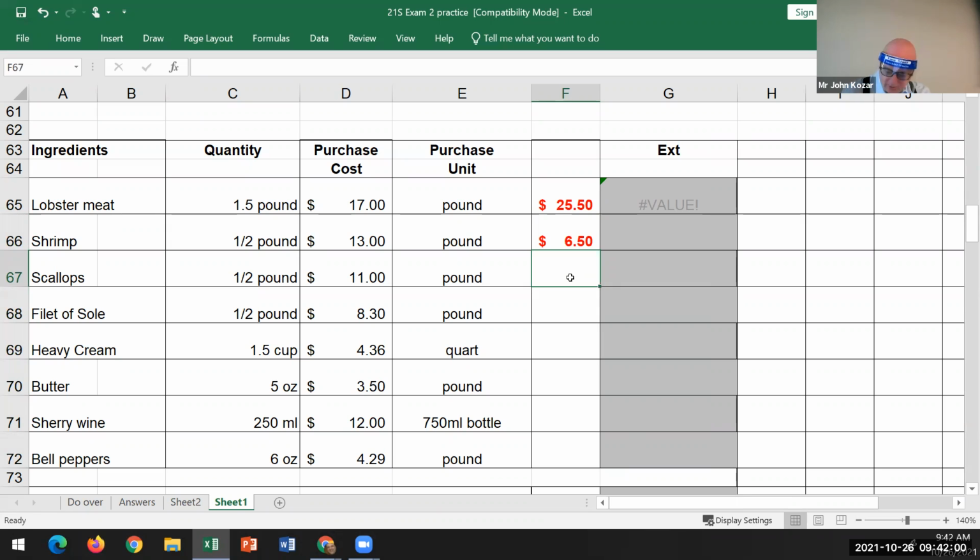Okay, so we have this so far. $1.64 for the edit claim. $9 for the butter.